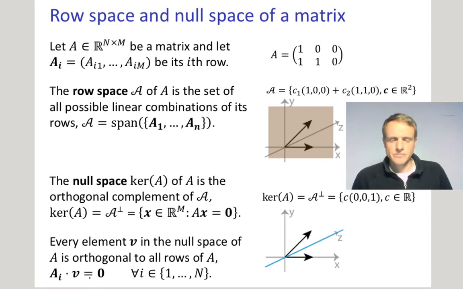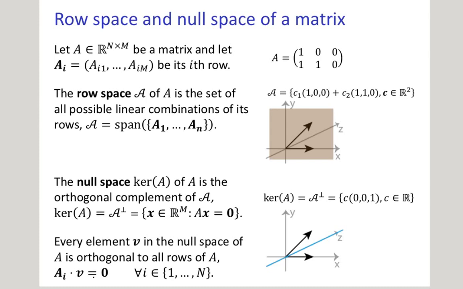Okay, what does that mean? Well, if we look to the right, let's assume A looks like the following. The row space of A only covers the x and the y dimensions. That means that the kernel of A, or the null space of A, is the z dimension.